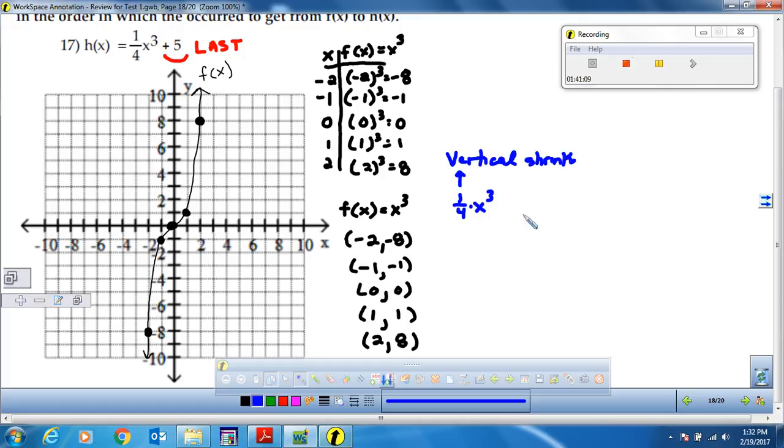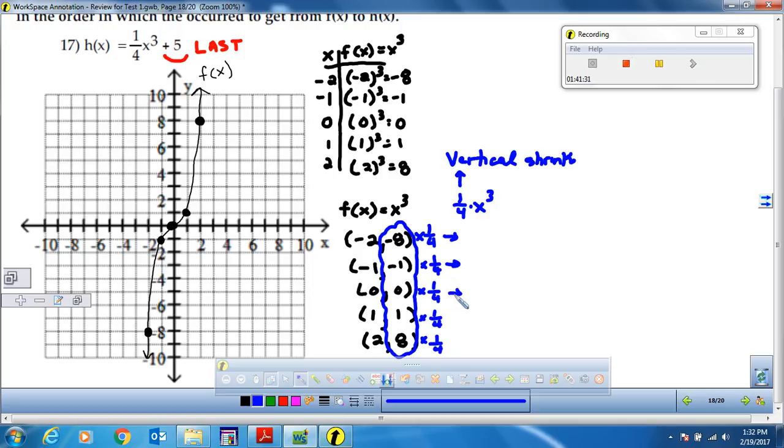And for the vertical shrink, all you have to do is multiply all of the y values for these points by that 1/4. That's all we have to do. Multiply the y values by 1/4.